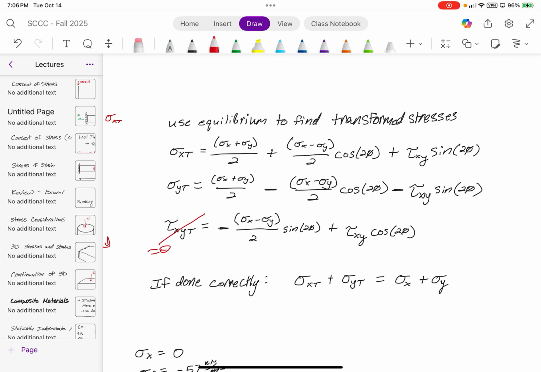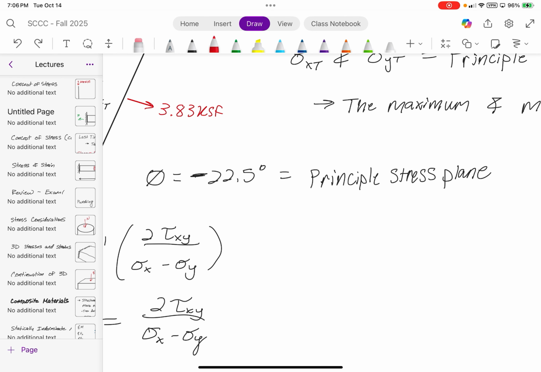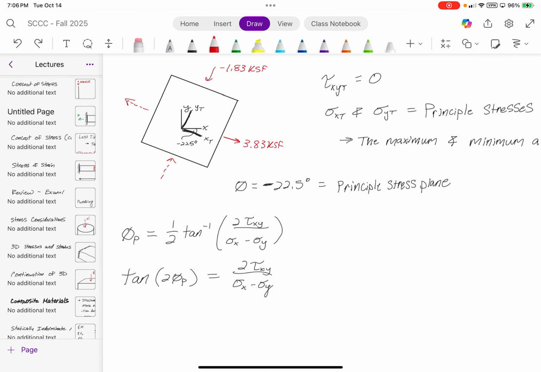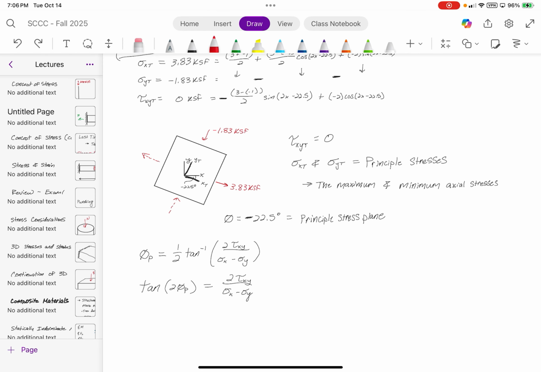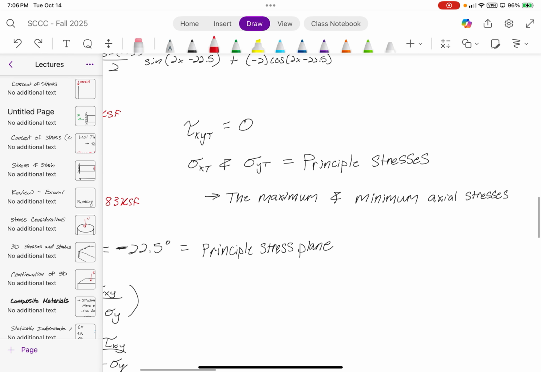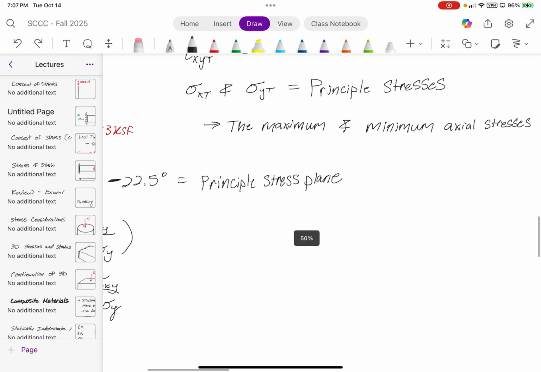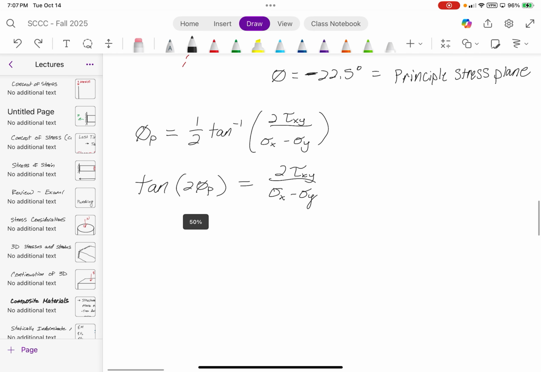Does that make sense? I'm not going to walk through it, but that's just for your own sake. So are there any questions about this at all, the principal stresses, and how they are the maximum and minimum stresses?